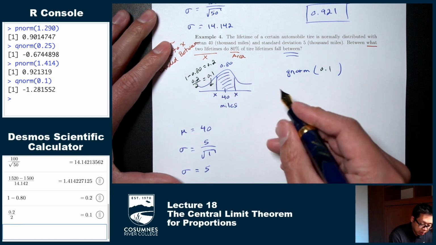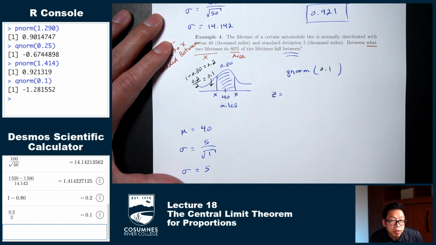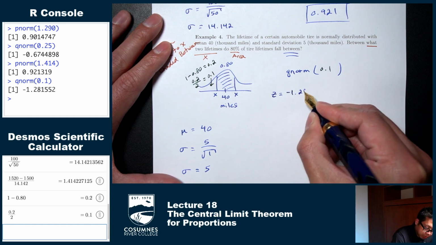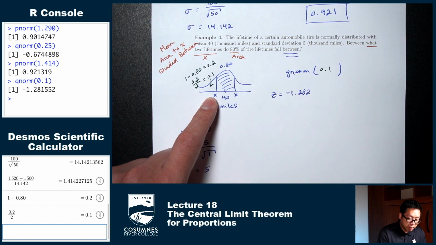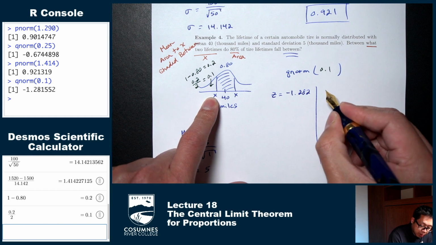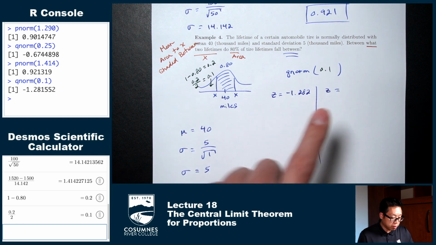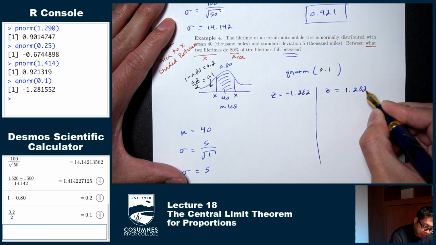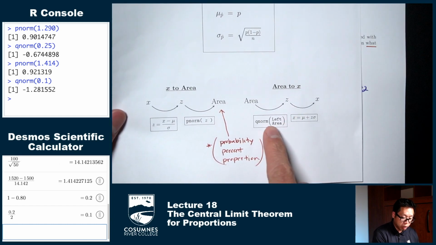So this z is negative 1.282. And that's going to give me the left x later on. For the right x, that's just going to be the positive version, so positive 1.282. All right, so we just did area to z by doing q-norm.